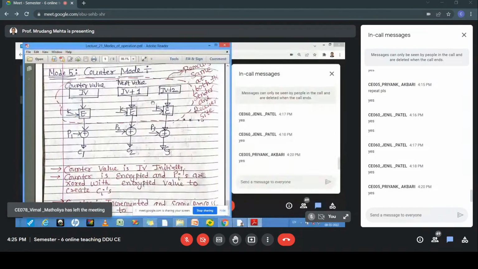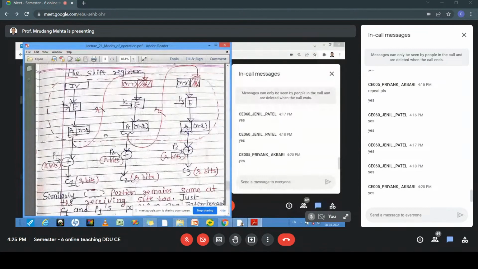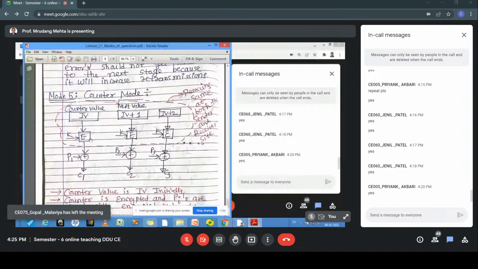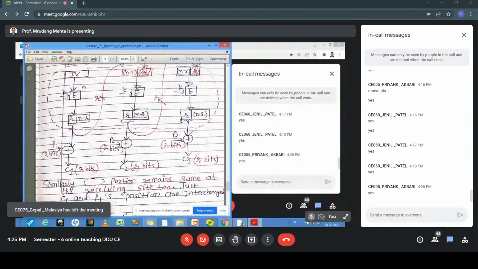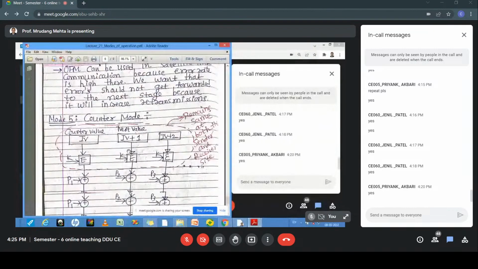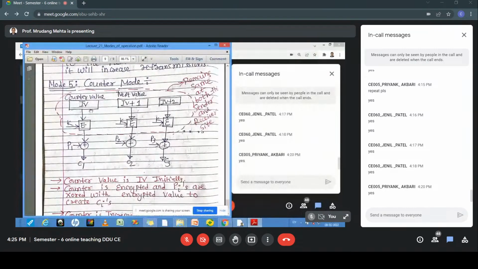And the last mode is counter mode. This is similar to this, but instead of the initial vector, we have counter values. So it is simpler than this. Here we used this r bit and replaced it. Instead of that, what we do is take a counter. Suppose this is 10, this is 11, this is 12.